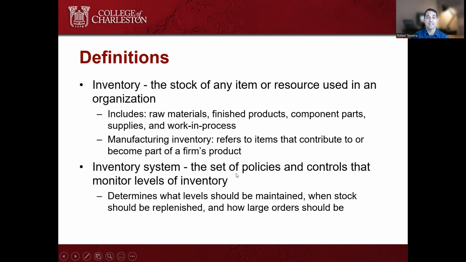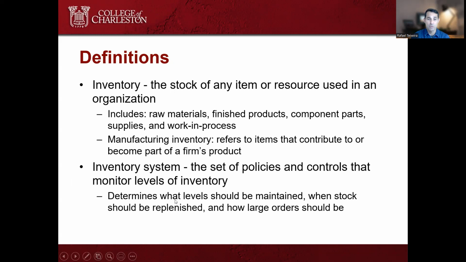An inventory system is the set of policies and controls that monitor levels of inventory. So companies develop their own systems on how they're going to manage their inventories. This is what an inventory system is: the whole set of policies, procedures and processes that the company is using to manage its inventory.